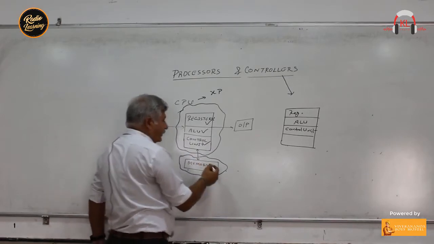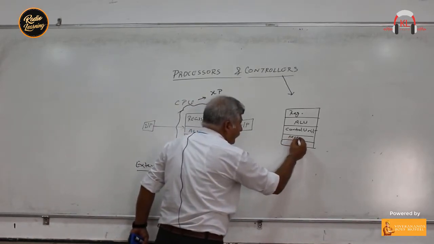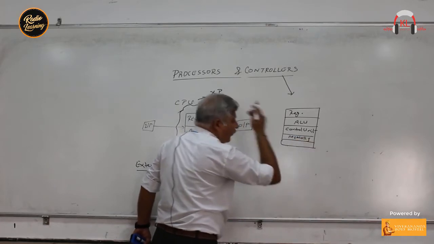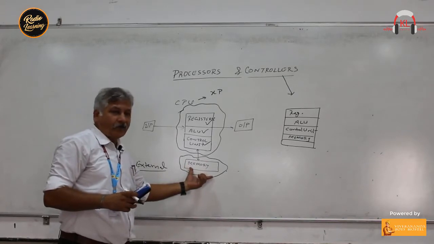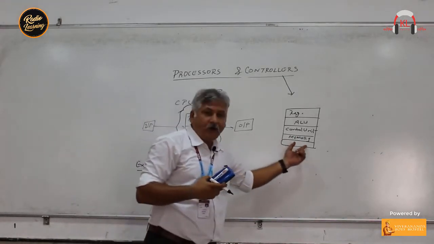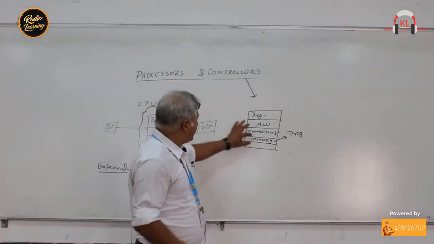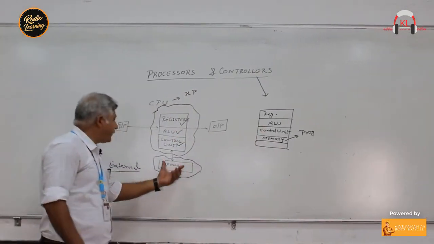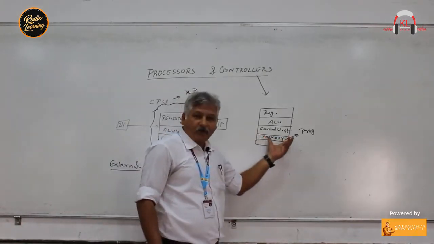And apart from this, we have memory here. So memory, which was external for the microprocessor, is now a part of the controller, right? The memory which is external to the microprocessor is now an internal part of this microcontroller.